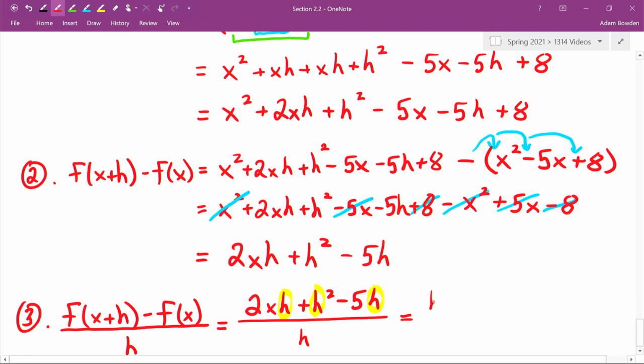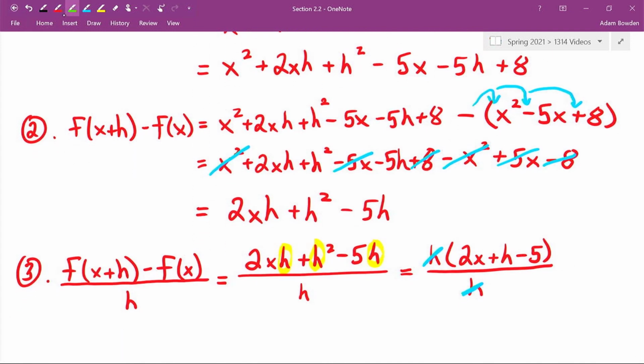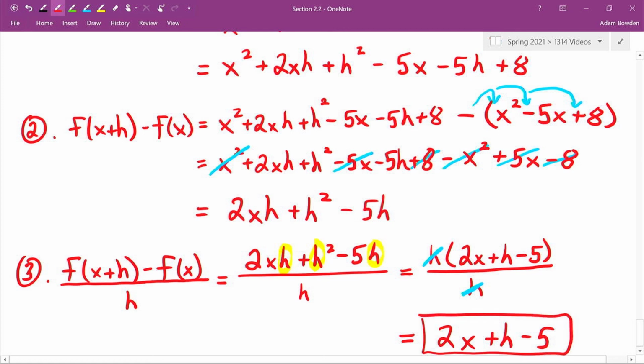We can factor out that h and write it as h times (2x plus h minus 5) all over h. That's an indication that we can cross out that h from both top and bottom. And all that's going to be left over as a result is just the 2x plus h minus 5. And that's our final result, what we call the difference quotient for this function.